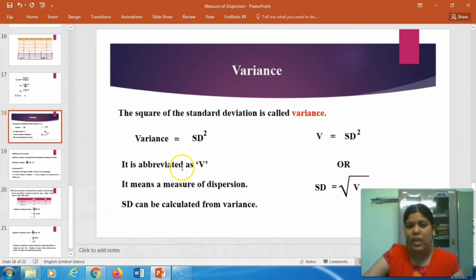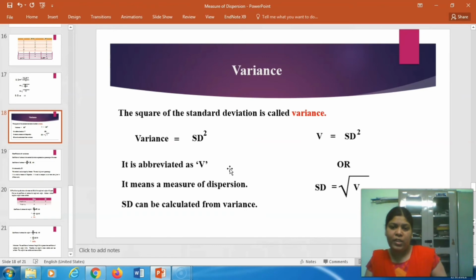Vice versa, to know the variance we square the standard deviation. Likewise, if the variance is given, from that value we can calculate the standard deviation also. So V is equal to SD square, or SD is equal to square root of V.